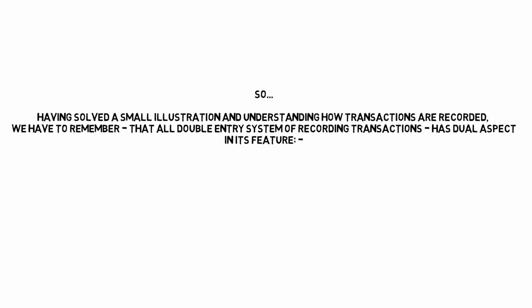Having solved a small illustration and understanding how transactions are recorded, we have to remember that the double entry system of recording transactions has dual aspect in its feature, which is nothing but assets at the end of the accounting period are always equal to the amount of capital plus liability which is there in the business. This is a universal logic that you have to follow for double entry system.